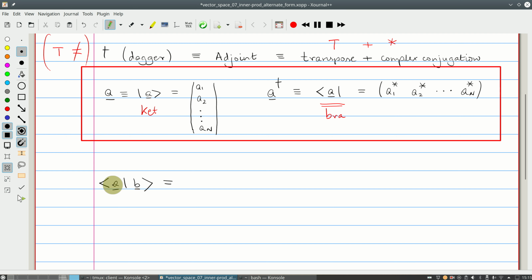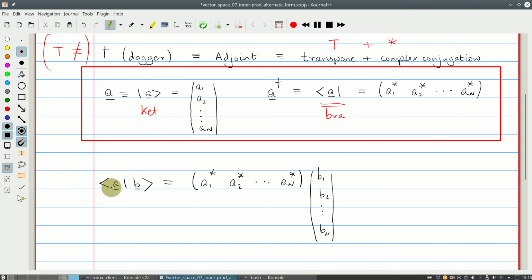Now this A is in the bra side, so we have to write it like this: A1 star, A2 star, dot dot dot, An star, and the B is in the ket side, so we have to write it as a column vector: B1, B2, dot dot dot, Bn. Now they must have the same number of terms in both of these because they belong to the same space. So they both have n terms in these vectors.